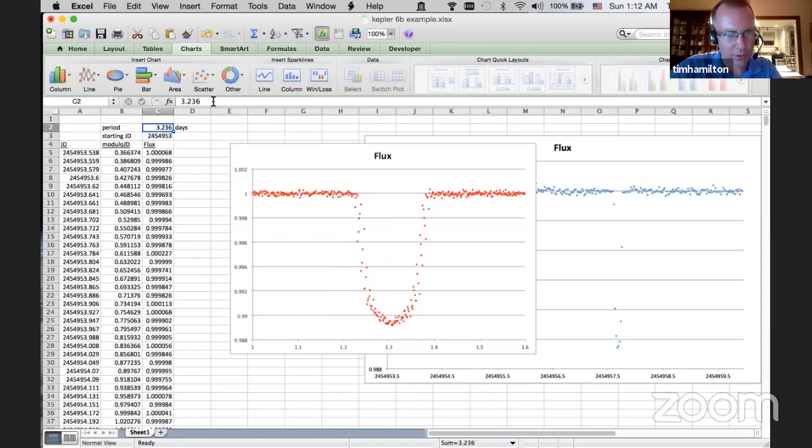All right, now we want to go into very fine changes. 3.235, that's very close. 3.234 is worse. 3.245, 3.246, 3.247. I'm going to go back to 3.246. That may be about the best we can get this here.